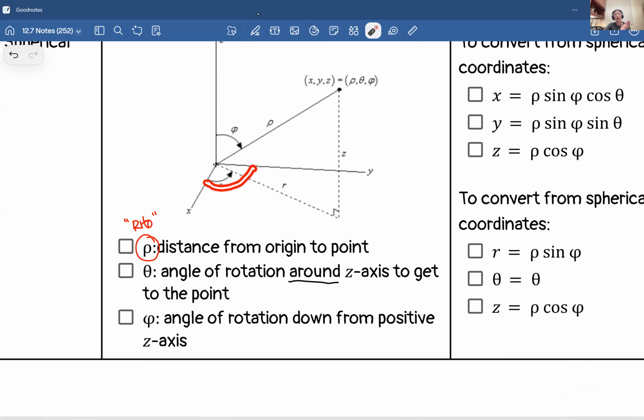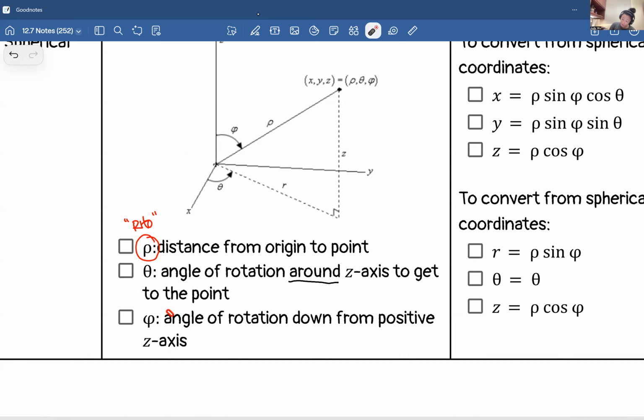It's from the positive x-axis, okay? So saying the angle of rotation around the z-axis is the same thing as saying we're starting from the positive x and we're moving out in that counterclockwise direction, okay? So this theta in the spherical is the same as the theta in the cylindrical coordinate system.